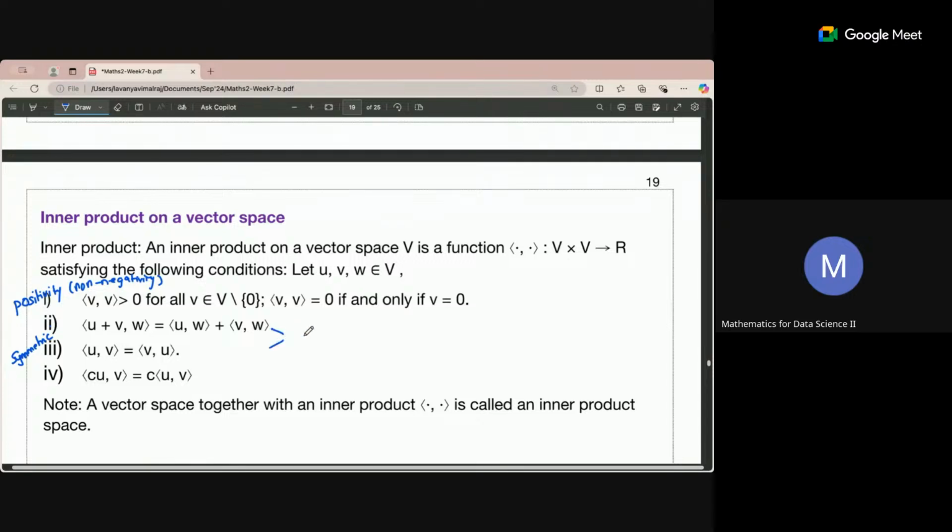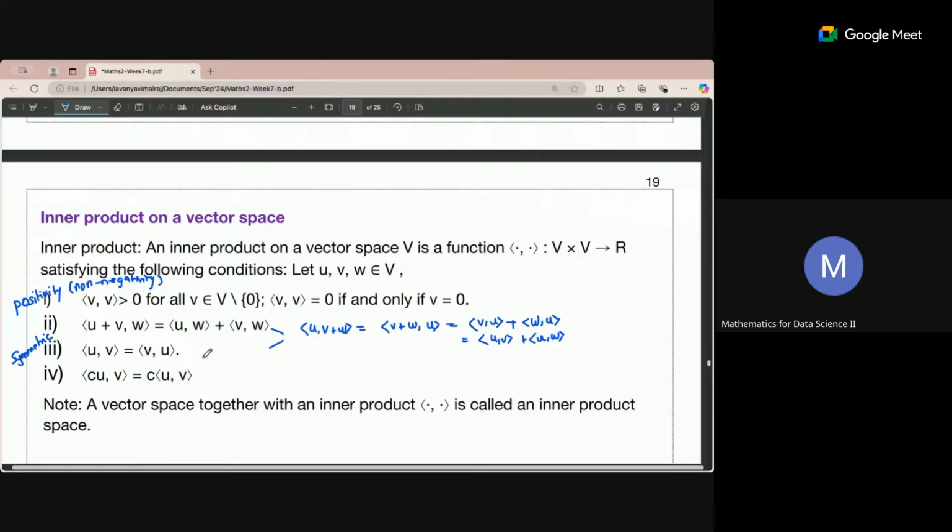Now let us combine these. If you combine them, what do you get? u comma v plus w. Using the symmetry property, I can write it as v plus w comma u. Now using linearity, it is v comma u plus w comma u. Going back again, I can write it as u comma v plus u comma w. So you see that linearity holds for the second position as well.